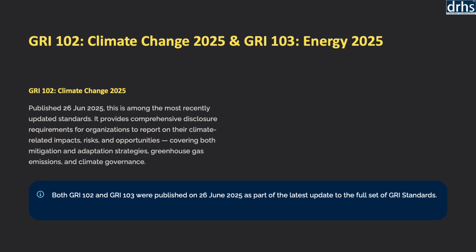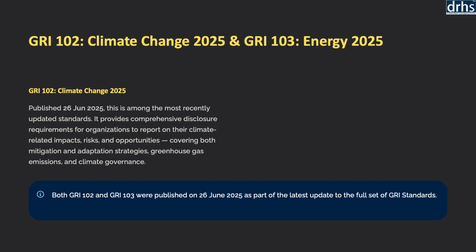It enables organizations to articulate their greenhouse gas emissions, climate governance, scenario analysis, and resilience strategies, thereby aligning reporting with global climate objectives and stakeholder expectations. The standard emphasizes transparency in identifying financial and operational risks arising from climate change, ensuring decision-useful insights for investors and policymakers.